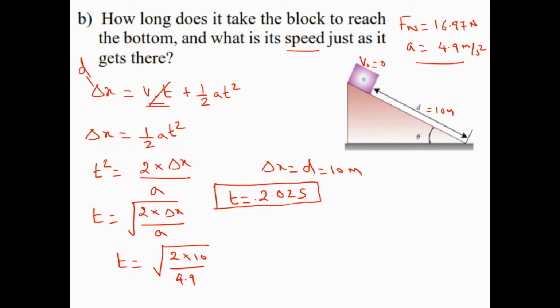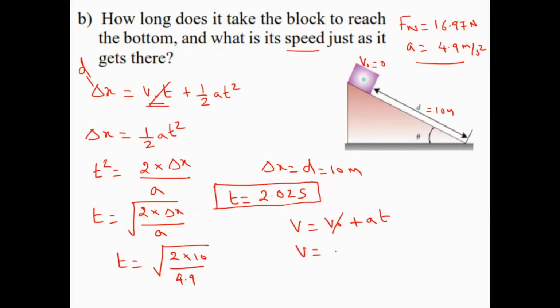So this much time it takes to cover the distance d, which is equal to 10 meter. And then we have to find the speed also. So I'm going to use the first equation. We already know v is equal to v naught plus a t, and our v naught is 0 because it is initially at rest.